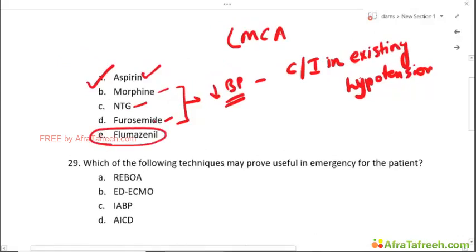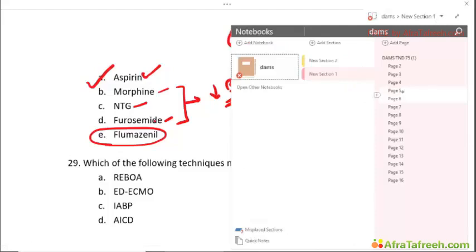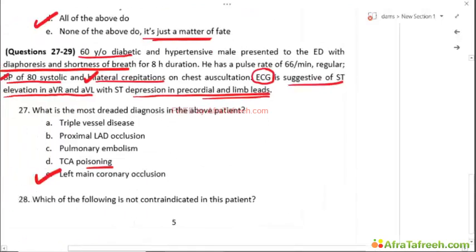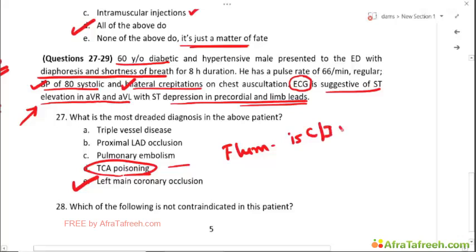How about flumazenil? So this is an important, interesting thing to understand. Had someone chosen TCA poisoning as one of the answers for this question because of the presence of ST elevation in aVR, flumazenil is contraindicated in TCA poisoning.